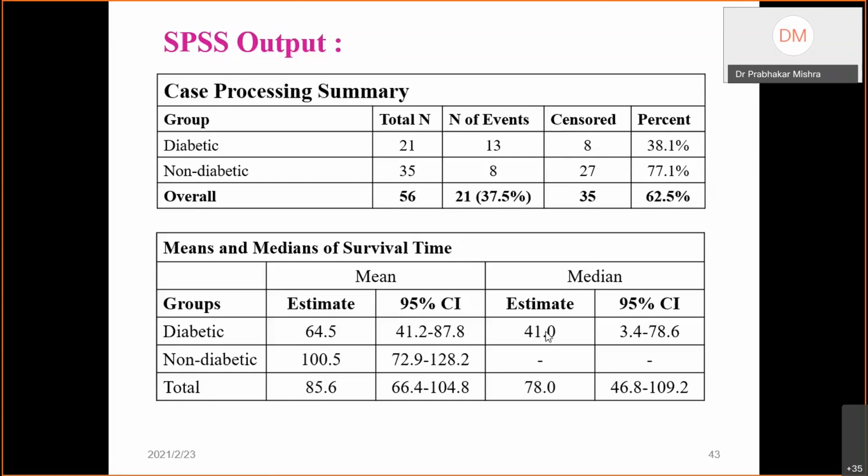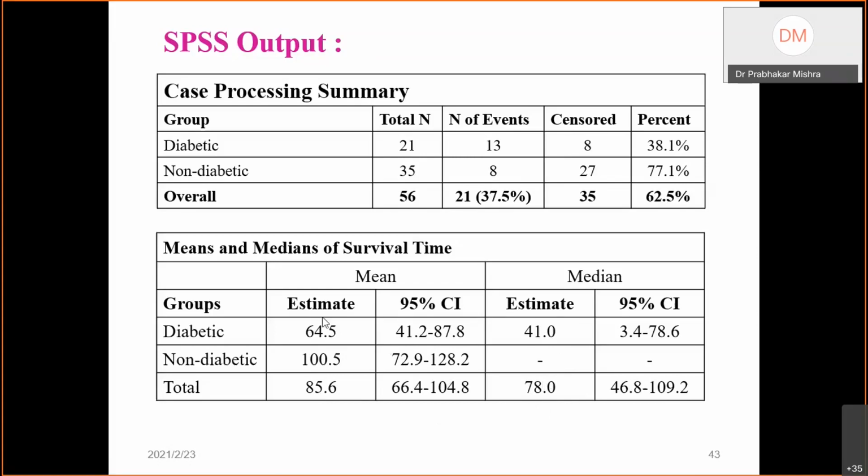Similarly, for the median, diabetic group median survival time is 41 months. Non-diabetic group could not compute, I will tell you. And overall, irrespective of the diabetic and non-diabetic group, median survival time is 78 months.